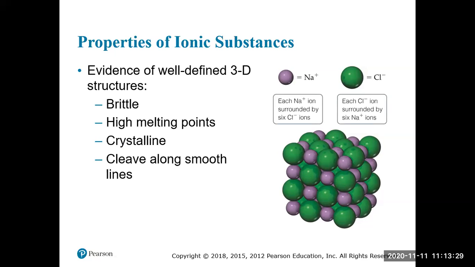There are people who study crystal structures to see how these arrangements are. They also tend to cleave across some of the smooth lines that you see here. So that's some of the properties of ionic substances. We'll see in a bit that covalent compounds are very different in these properties.